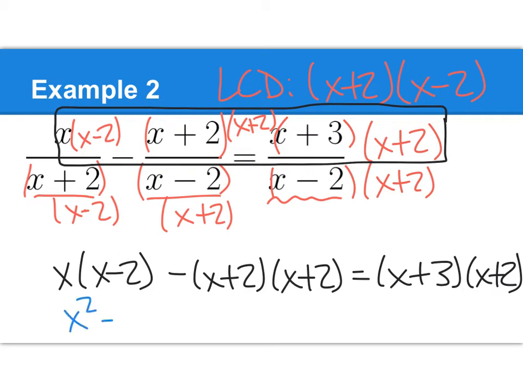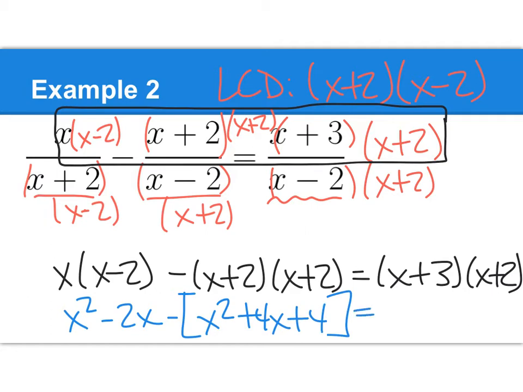X times negative 2 is negative 2x. We need to FOIL. X plus 2 times x plus 2 will give us x squared plus 4x plus 4. I'll worry about the fact that we're subtracting that polynomial in a moment. And over on the right-hand side, x plus 3 times x plus 2, we know this well. It gives us x squared plus 5x plus 6.